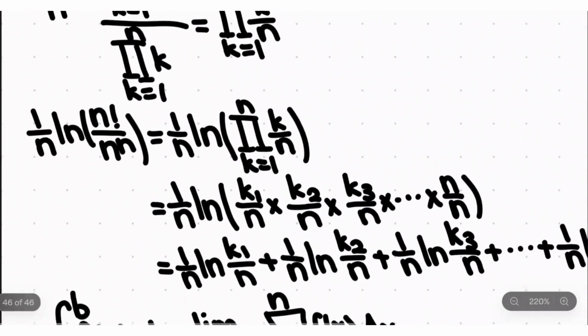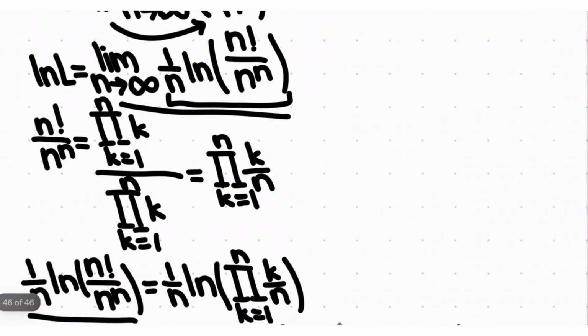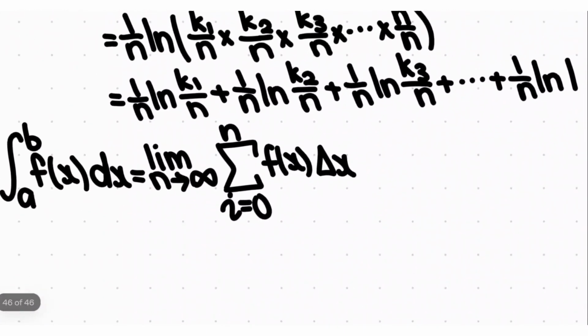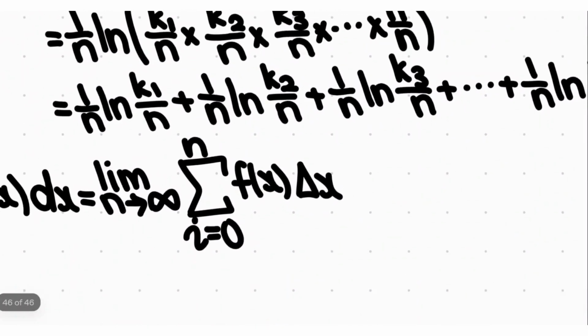And notice that this whole logarithm was originally inside a limit as n approaches infinity. So if we can rewrite this as a summation, we can rewrite the entire limit as a definite integral.